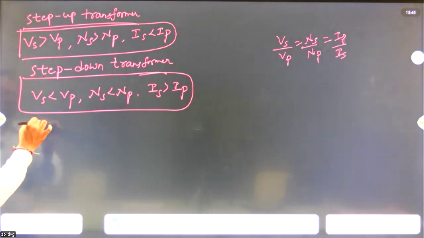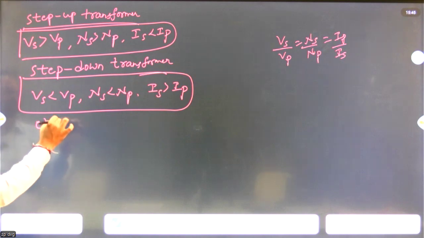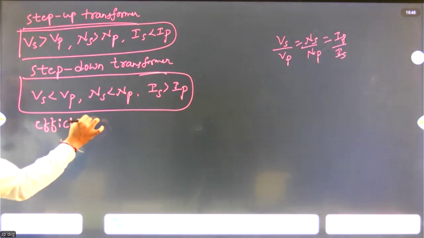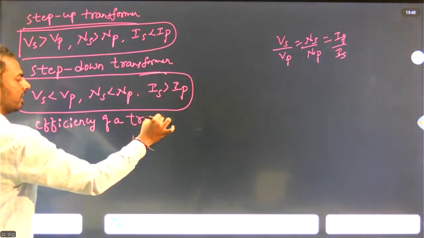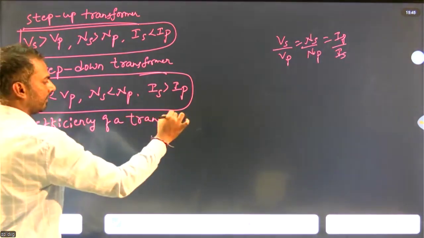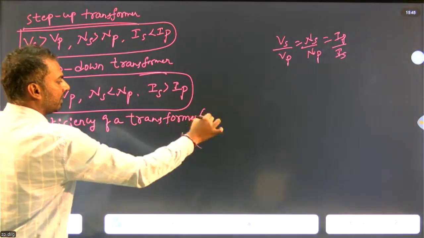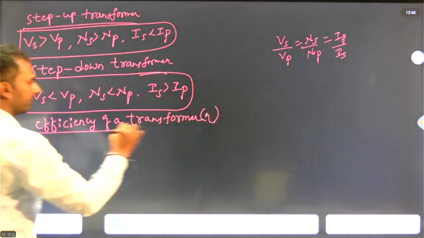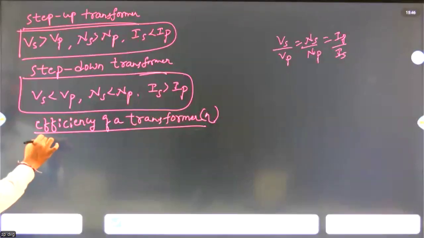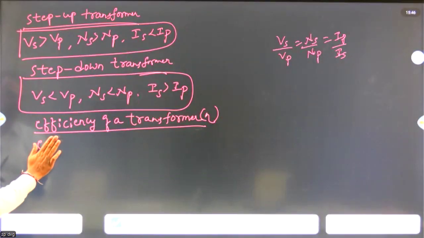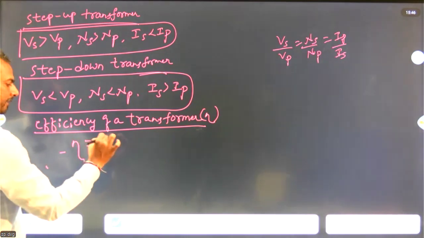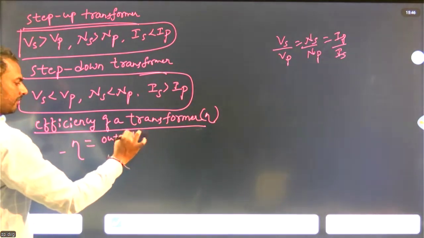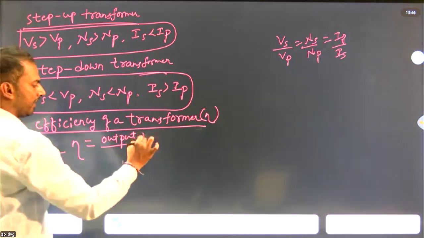Efficiency of a transformer, denoted by eta. Efficiency of a transformer, eta is equal to output power divided by input power.